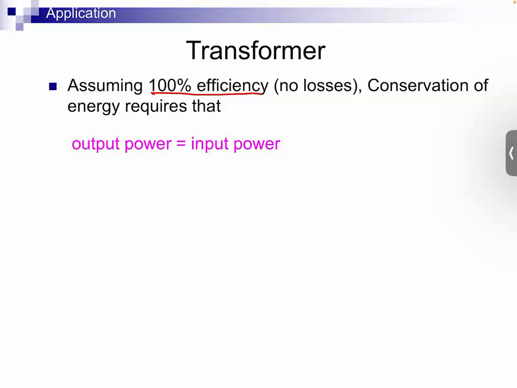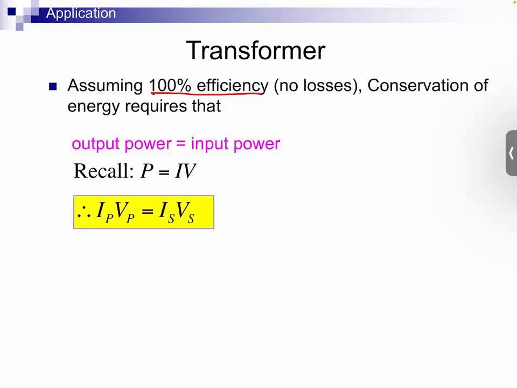Energy conservation requires that the output power in the secondary coil should be equal to the input power in the primary coil. Power is defined as current times voltage. In other words, the current times the voltage in the primary coil should be equal to the current times the voltage in the secondary coil.